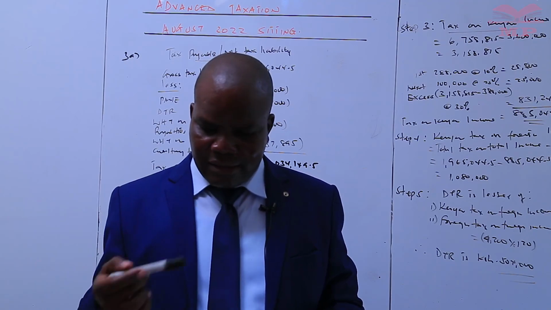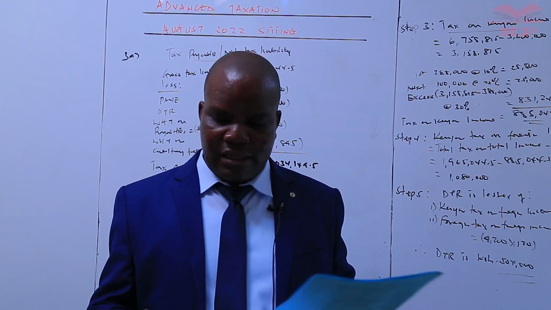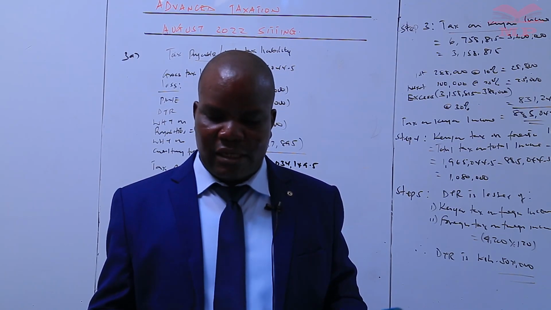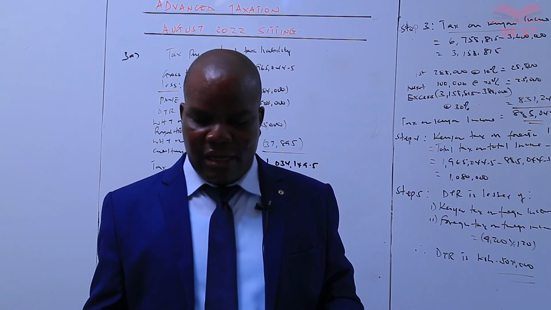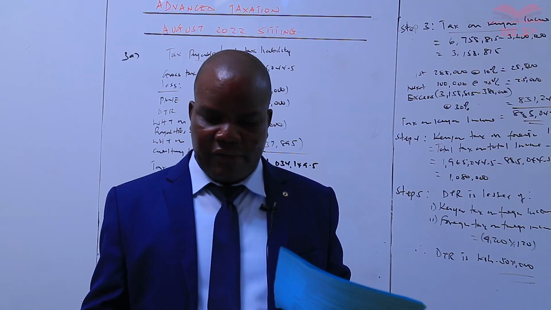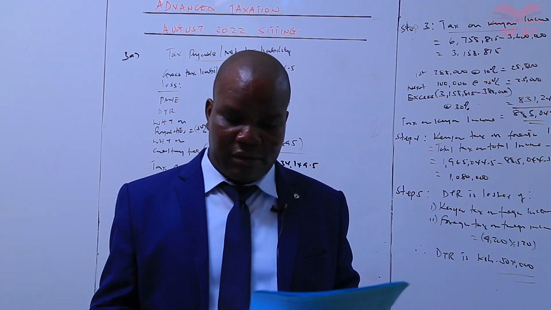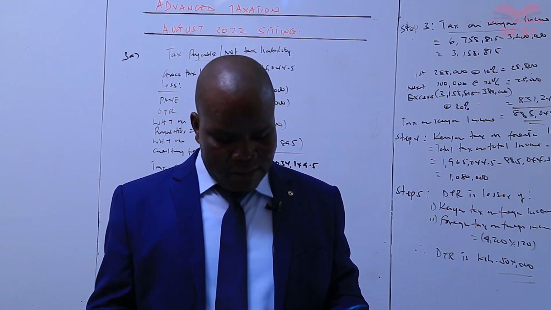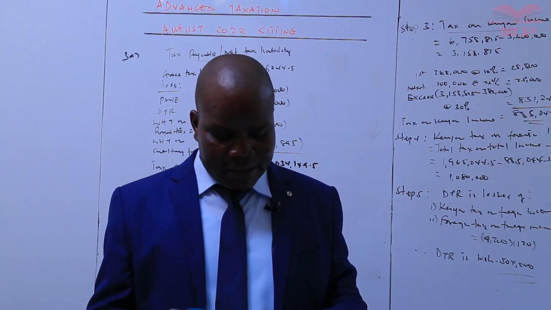On the other hand, in case of a transfer of assets by a partner into a partnership business, the same is treated as a capital contribution, which does not attract any taxes. So mark that. In a joint venture, any transfer of assets to the joint venture company may attract capital gains taxes because it's treated as a disposal of such assets. But for a partnership, such transfer of assets will be treated as a capital contribution, which will not attract any taxes.